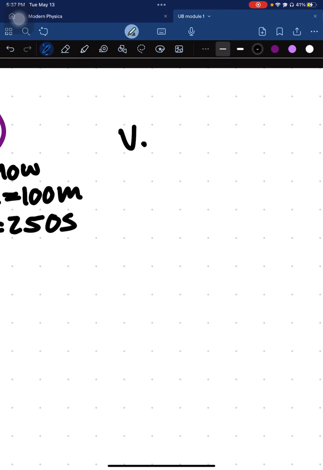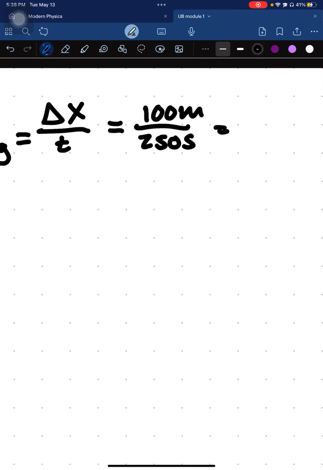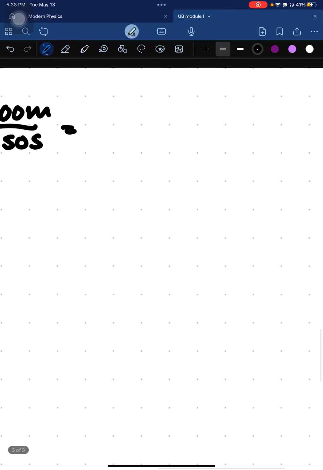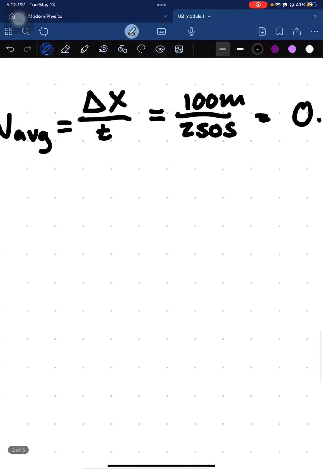So we know that V, and I'm going to go ahead and say V average just so that we can keep this correct, is delta X over T. Time is always changing. You can't add the delta T. You don't have to, which is 100 meters over 250 seconds, which is going to give us 0.4 meters per second.